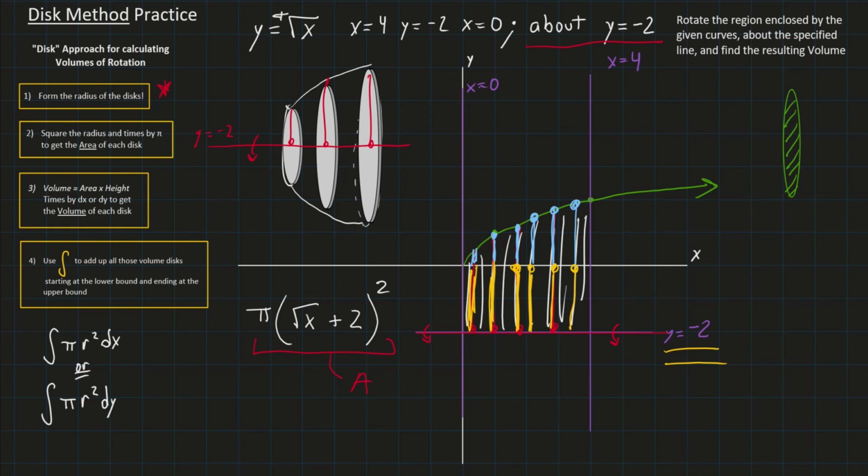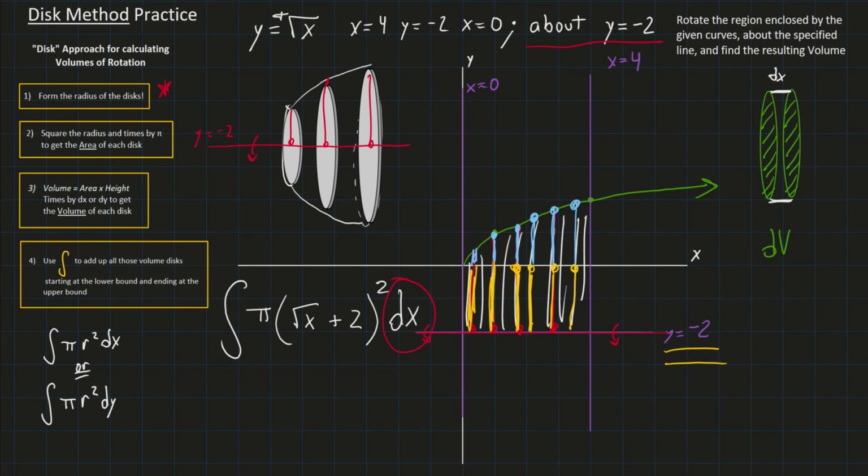And I want to take each one of those areas and multiply it by a little bit of height, and that height will be a little bit of x length. And of course, doing that will form the volume of that tiny disk. So I'll just multiply each one of my a's in my equation by dx. And of course, I want to add up all of these volume disks.